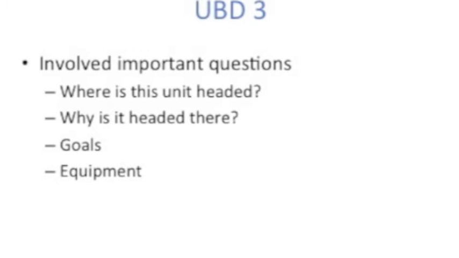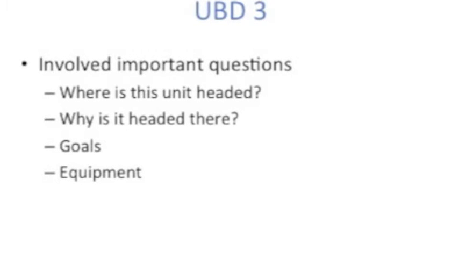The last thing to talk about in UBD 3, which I thought was important, was the equipment that we will be using. We will be using the smartboard for the learning, and then we will need some computers and tablets if available in the classroom, and if they're not, perhaps we can use the library.